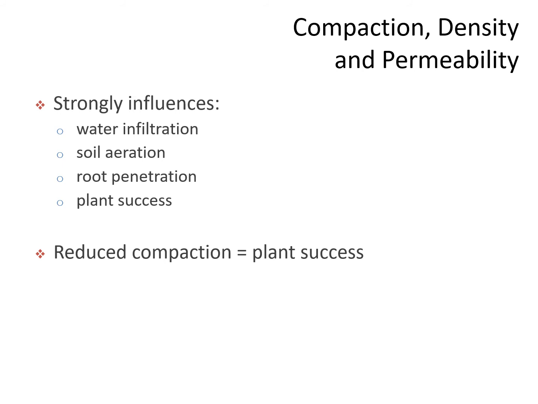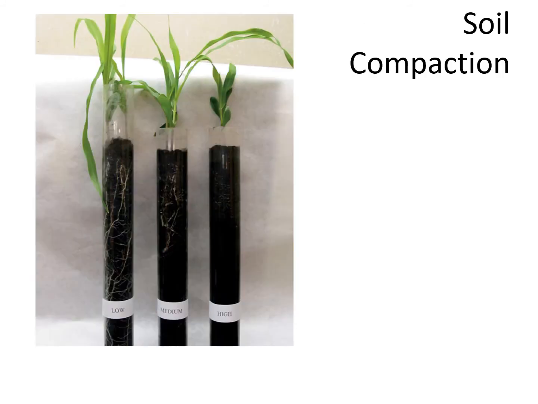We want to reduce compaction and increase our plant success. Reduced compaction is going to allow better water infiltration, better soil aeration, better root penetration, and therefore better plant success.